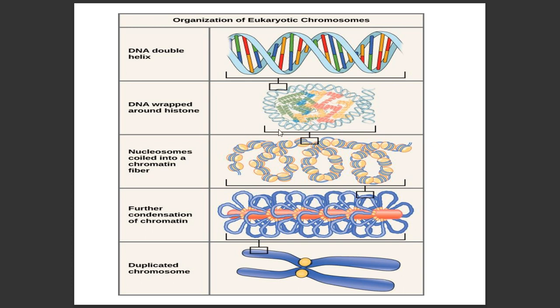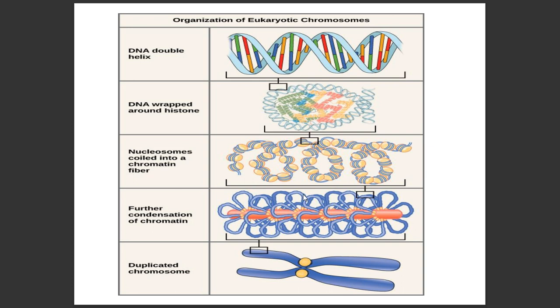Then the nucleosomes coil several times. So when it intercoils several times, as shown here, these strands are the nucleosomes. When the nucleosome, which is made of the coiled DNA around the histones, also intercoils several times, they form what we call chromatin. The chromatin is just condensed and is invisible in the nucleus of a eukaryotic cell.